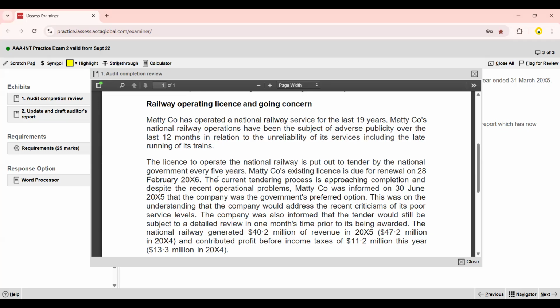The company was also informed that the tender would still be subject to a detailed review. It means the tender is not yet awarded to Matty Company; it's still in detailed review, for 1 month's time prior to its being awarded. The National Railway generated 40.2 million of revenue in 2005 and contributed profit before income taxes of 11.2 million this year.